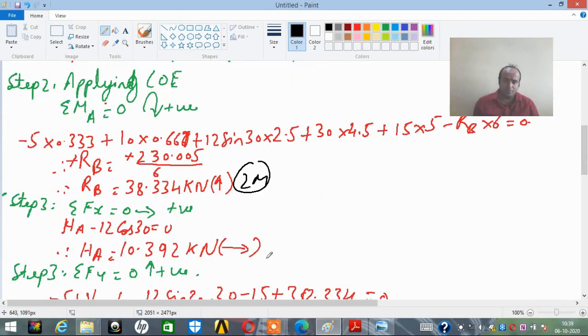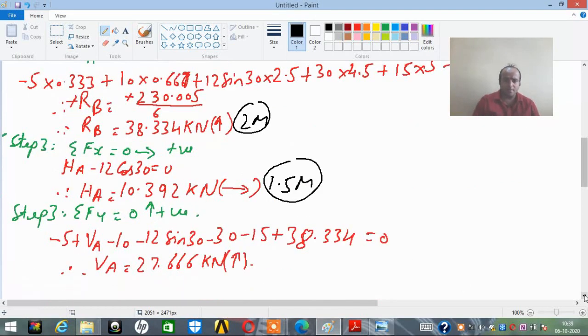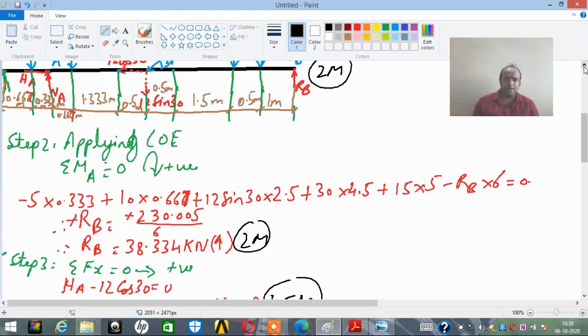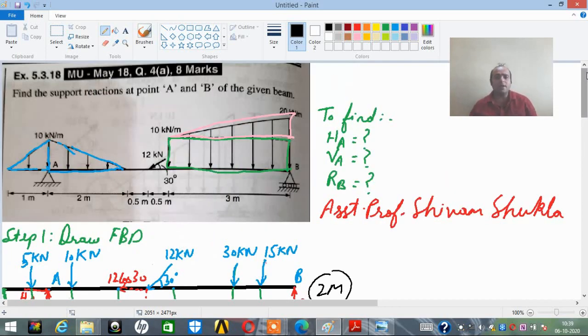This HA value is comparatively easier, it will be giving you 1.5 marks. VA value again 2 marks. More half mark will get added in the question's diagram, that is FBD, that is 0.5 marks. So this is the way how the marks are going to get divided in the problem.